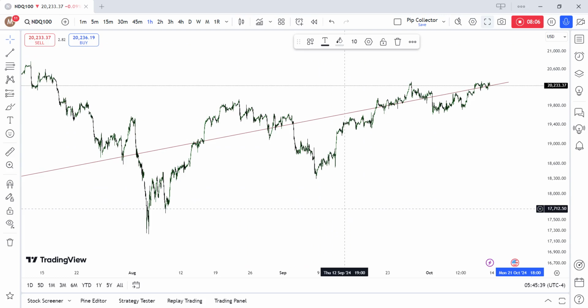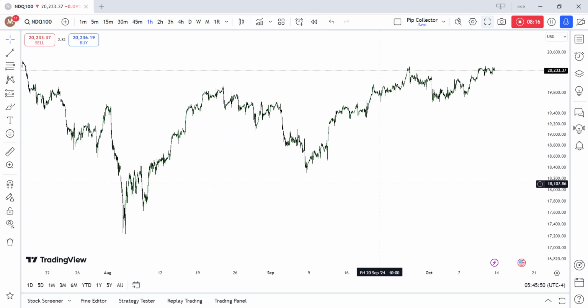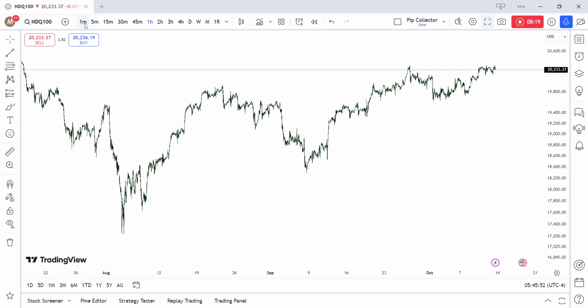It's simple as that. The market is bullish. For scalpers, you can also do the top down analysis, because scalpers are using like 1 minute, 5 minutes, and for that you will use 1 hour as the higher time frame.